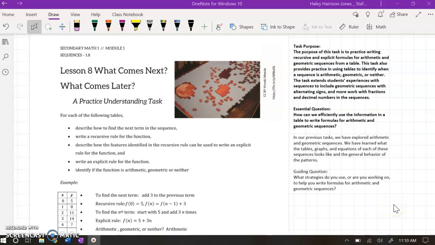Today we're taking a look at Task 8, what comes next and what comes later. This is a practice understanding task. The purpose of this task is to practice writing recursive and explicit formulas for arithmetic and geometric sequences from the table. This task also provides practice in using tables to identify when the sequence is arithmetic, geometric, or neither.